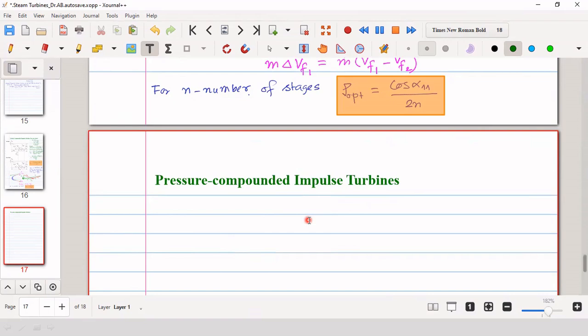One is called the carryover coefficient.